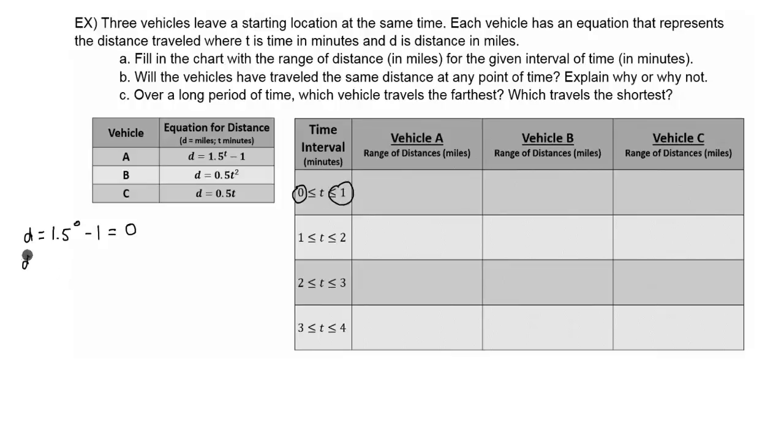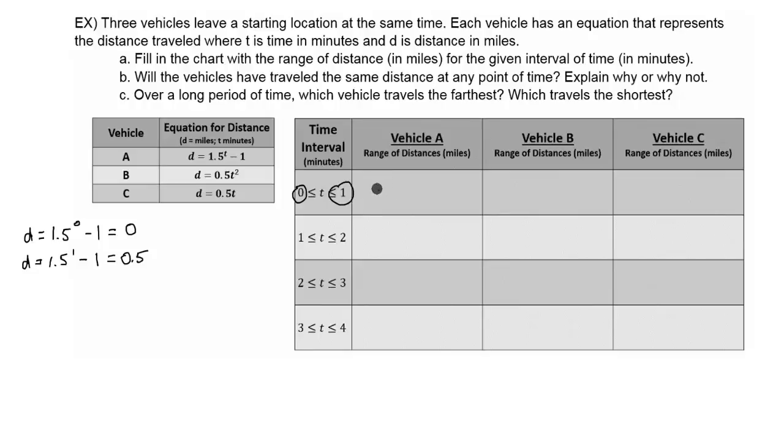So again, d equals 1.5 to the first power minus 1. So 1.5 to the first power minus 1 is going to be 0.5. So after 0 minutes we've traveled a total distance of 0, and then after 1 minute we've traveled a total distance of 0.5.